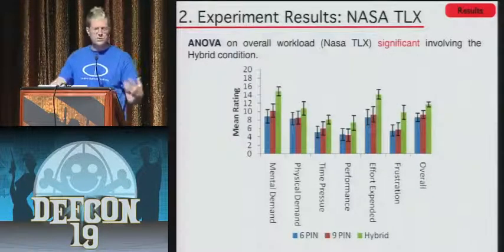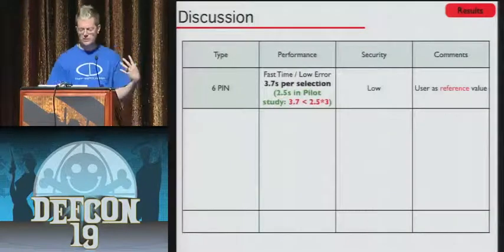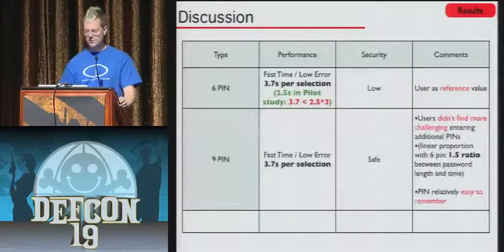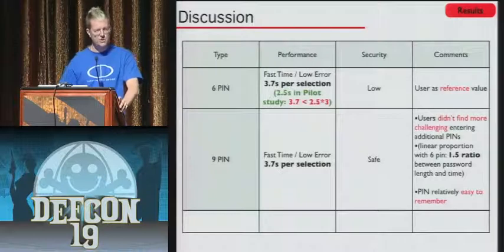And then there was also a NASA TLX workload measurement done to see what the mental workload was, and it showed that the hybrid mode was much more difficult to keep track of mentally. So using the 6-digit tactile pin as a reference, the 9-digit one was not more challenging for users in a workload sense.